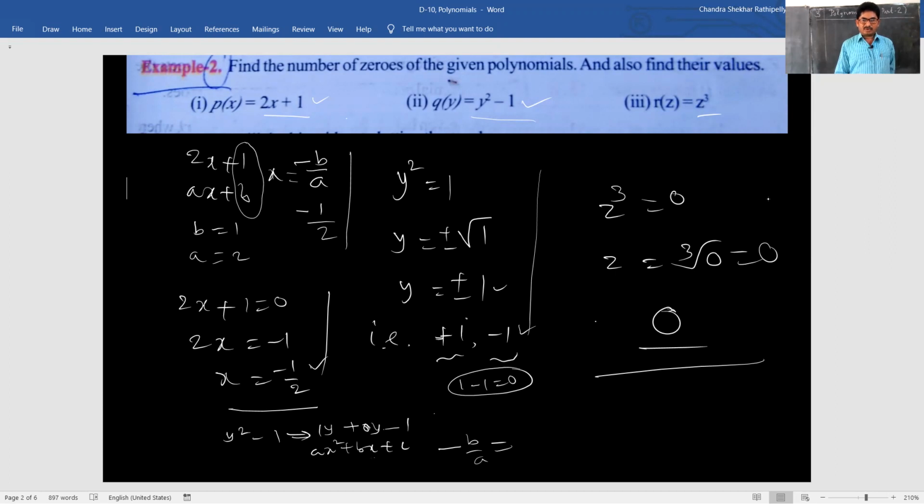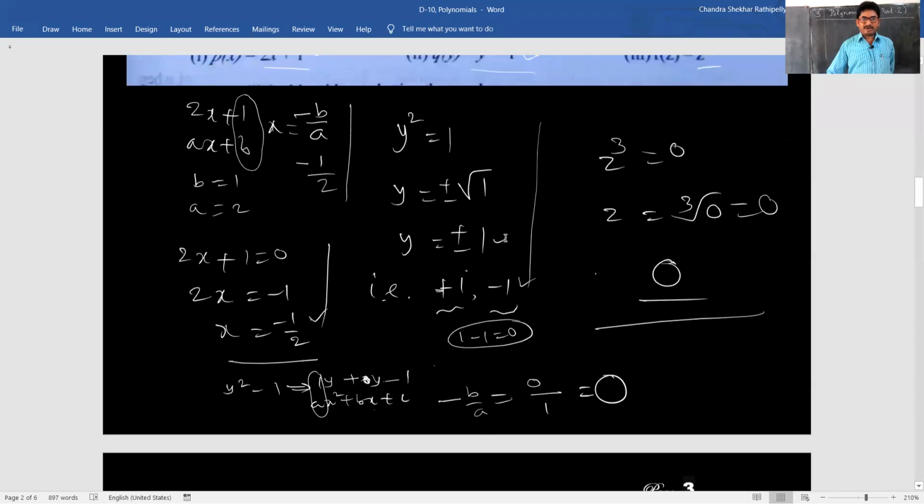Now coefficient of y is 0, divided by coefficient of y square, which is 1, so 0 by 1 is 0. Understood? So like this we have to arrange the given polynomial if it is not in standard form.